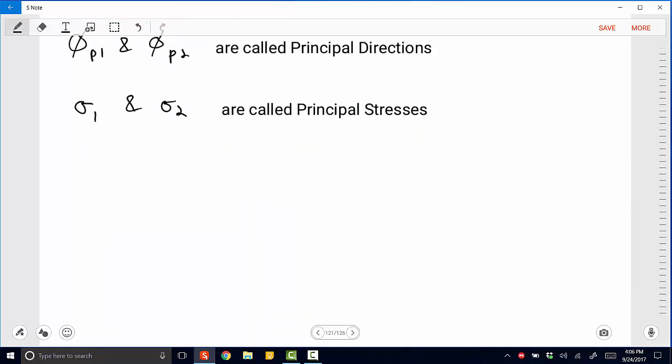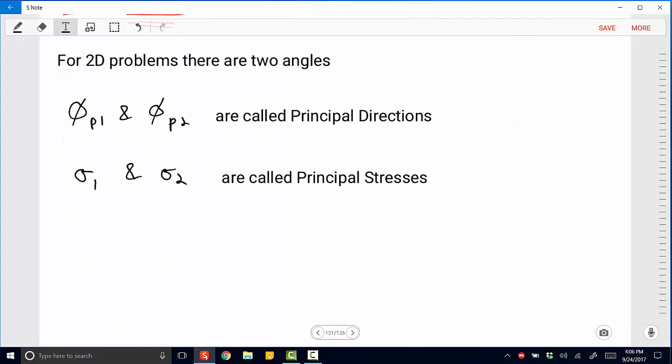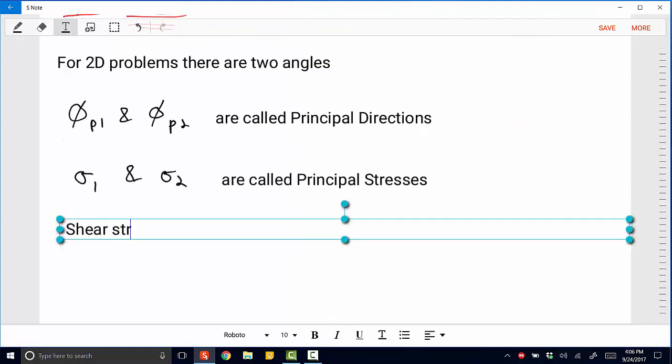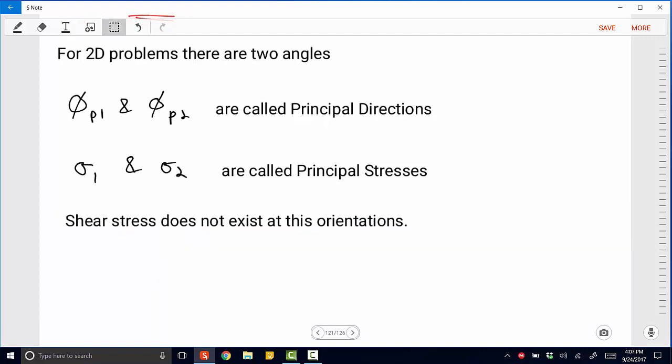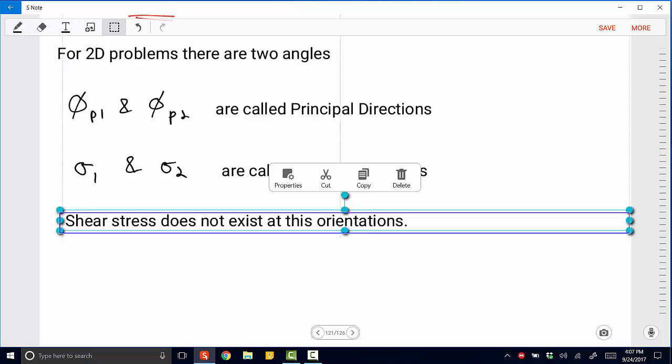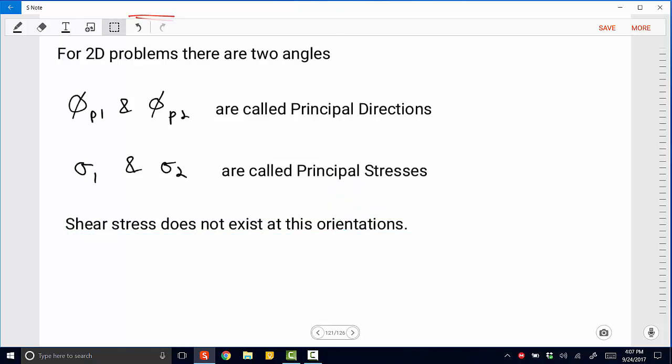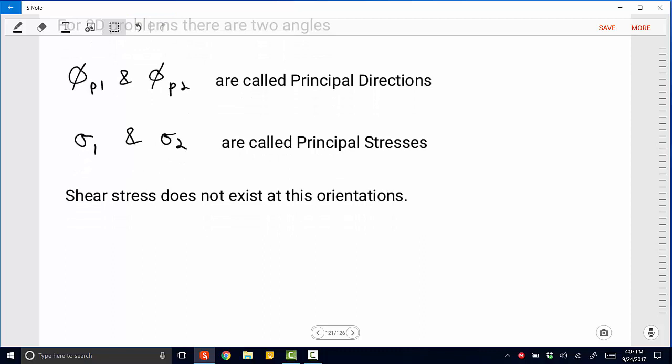And shear stress does not exist at these orientations. So for 2D problems, these are the three rules that we found as it relates to the phi P's, right?